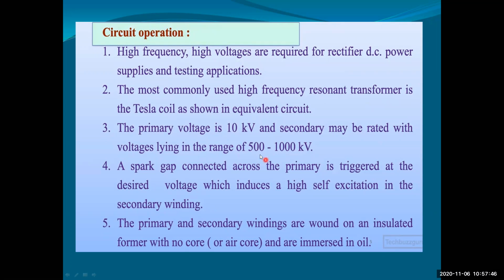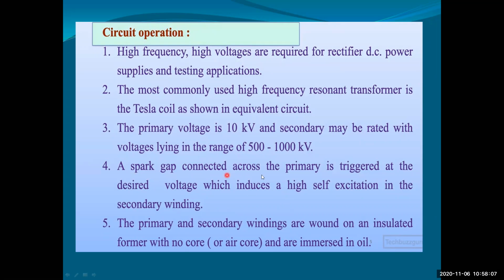This much voltage can be generated by using a Tesla coil. It's clear. A spark gap connected across the primary is triggered at the desired voltage, which induces the high self-excitation in the secondary winding.